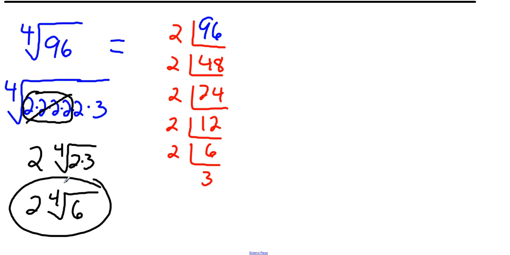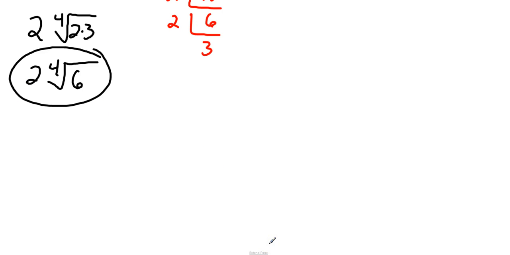Okay, and let's see, let's give you maybe one more example that we got here. And for this one, we'll go with a third root, because we didn't do a whole lot of third roots.